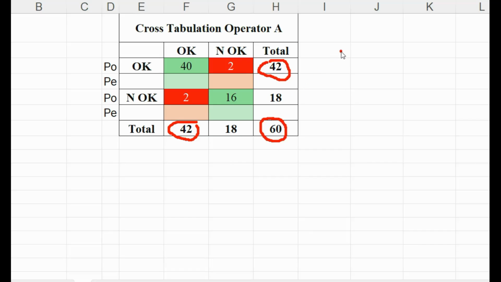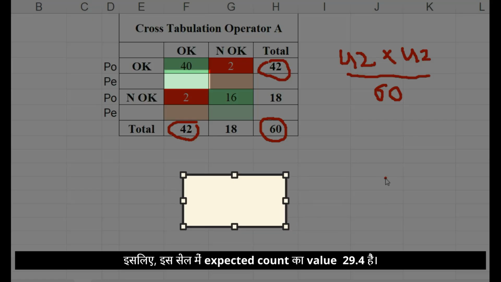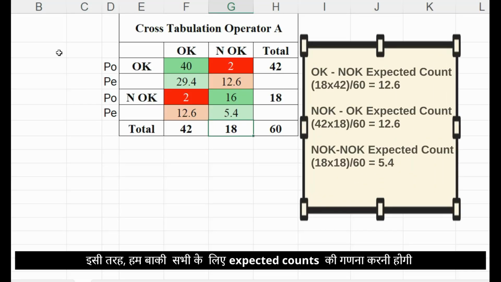So this will be 42 multiplied by 42 divided by 60. So the value of expected count in this cell is 29.4. Similarly, we have to calculate expected counts for all remaining cells and fill into the table.